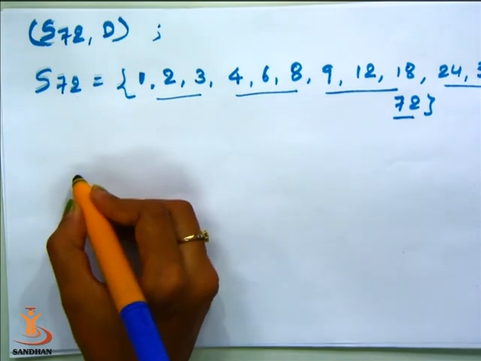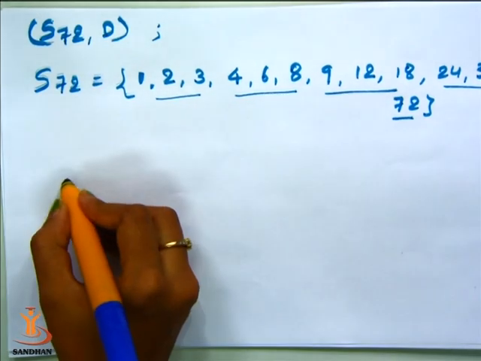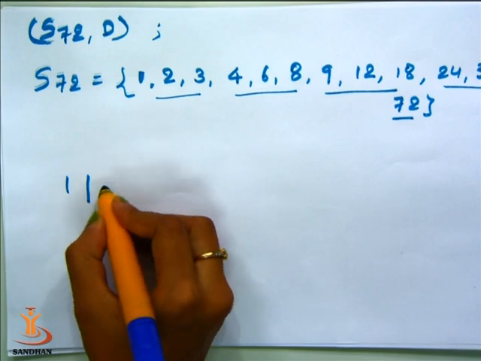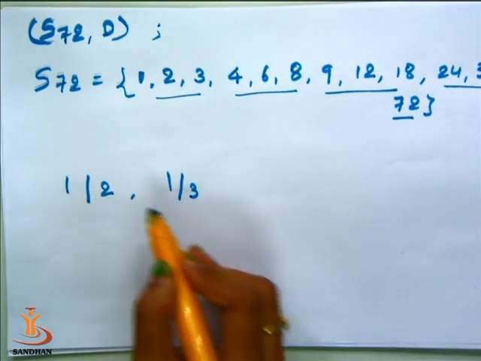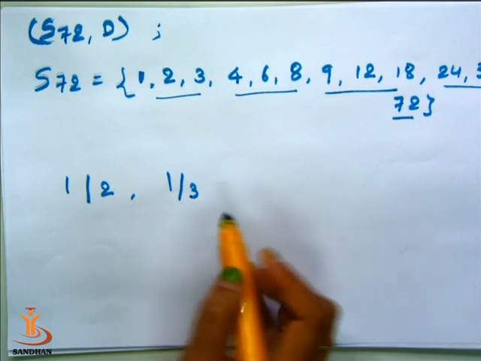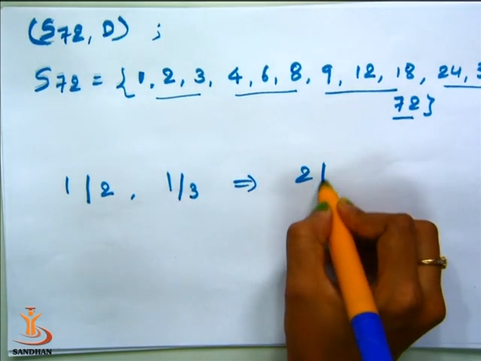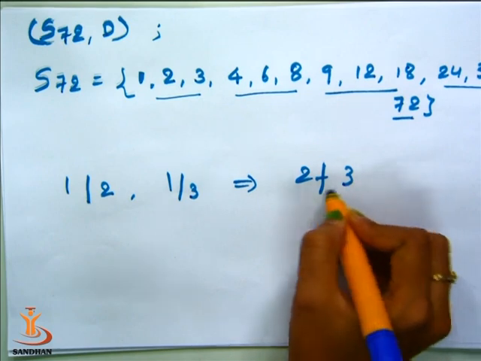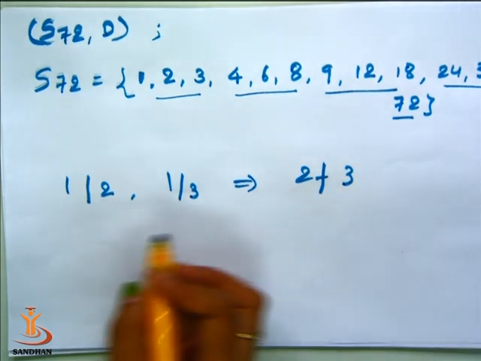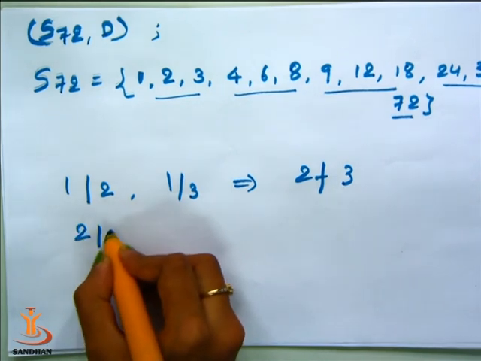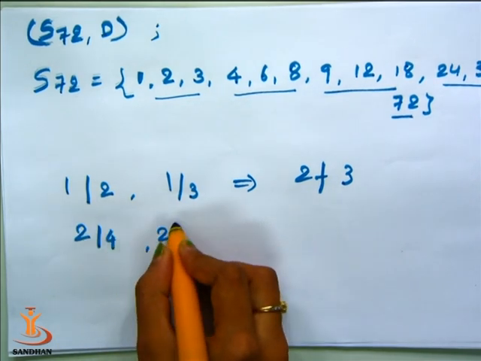In the same way, the least element here is 1. 1 divides 2, 1 divides 3, so we can join 1 to 2 and 3. Also 2 does not divide 3, so 2 and 3 have the same height. It is not related by a line. Okay. Next is 2 divides 4, 2 divides 6.